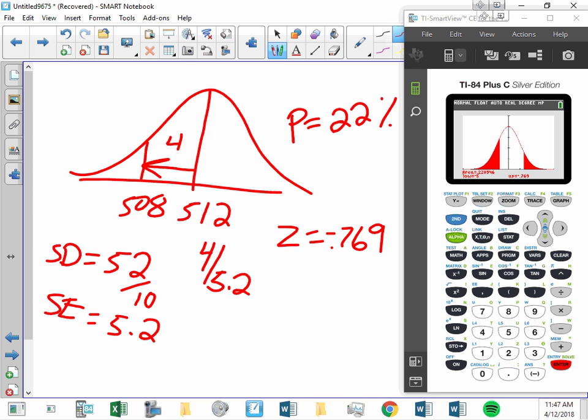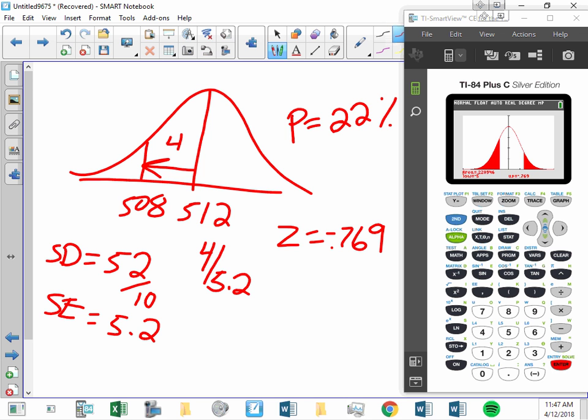What does that tell me? I accept the null and I say the weight is not significantly lighter than it used to be, right?